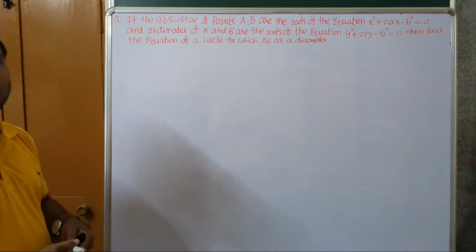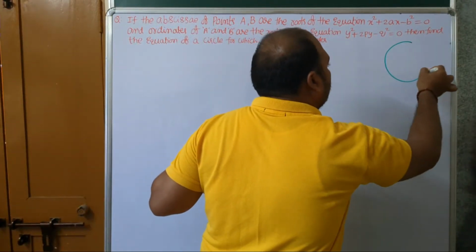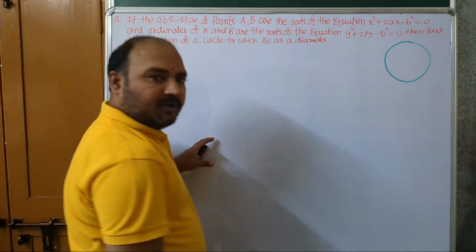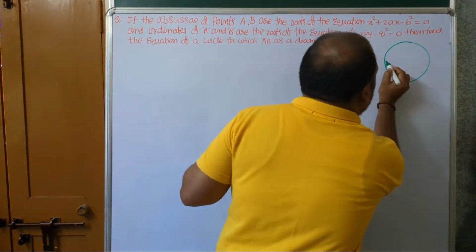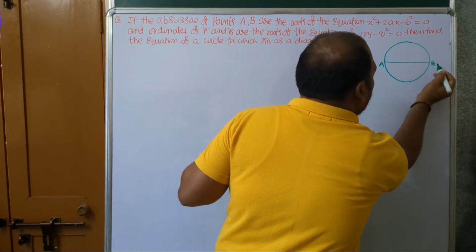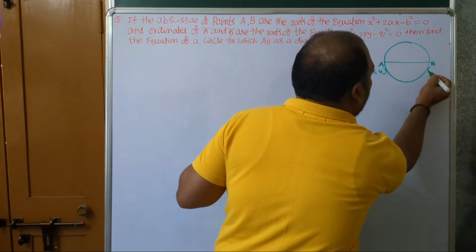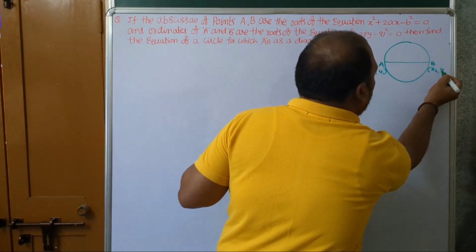So first we have to draw a rough figure. This is the circle. AB is a diameter, whose end points I am taking as x1, y1 and x2, y2.